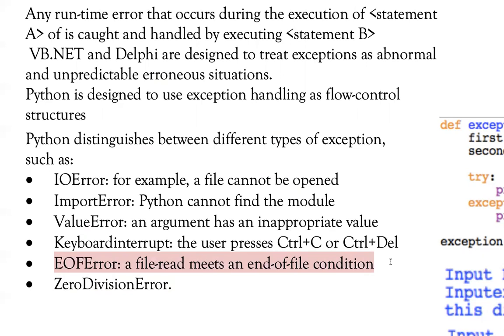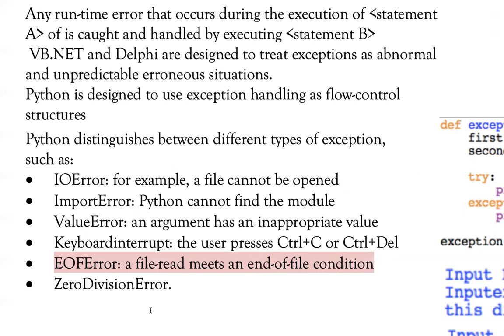So if I want to read all of the records, I want to read till I reach the end of the file. If I try to read something that's after the last record, that might cause an exception. So I have to deal with that using exception handling.